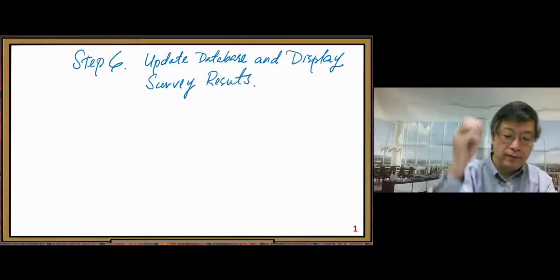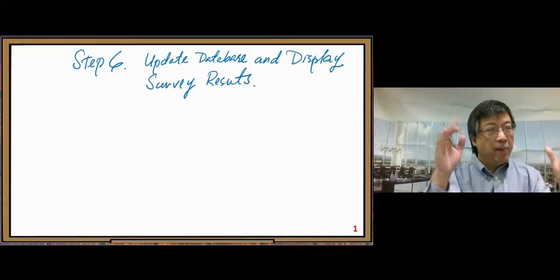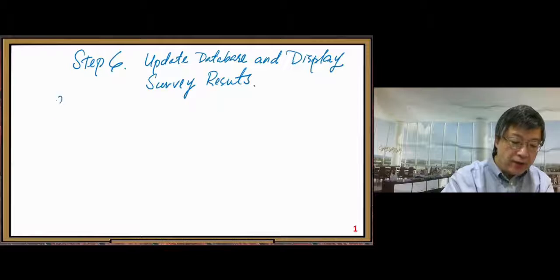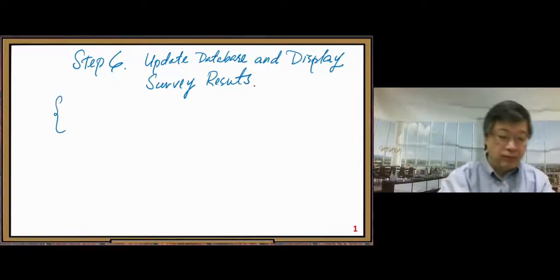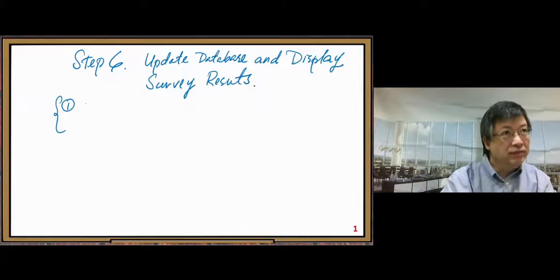All right, so last thing we need to do. First, let's look at the database updates. For database updates, two parts. The first one, remember, we get a browser type from browser detection.